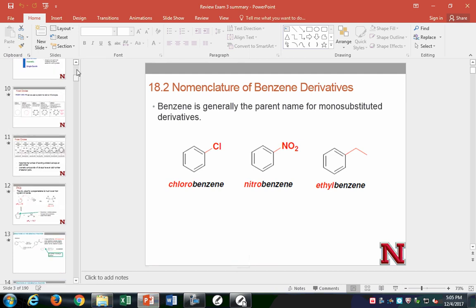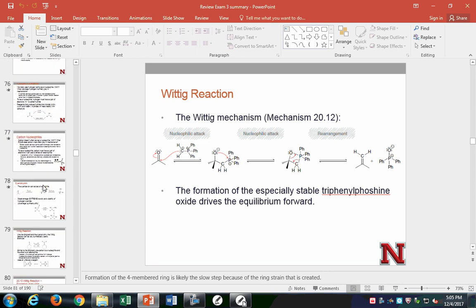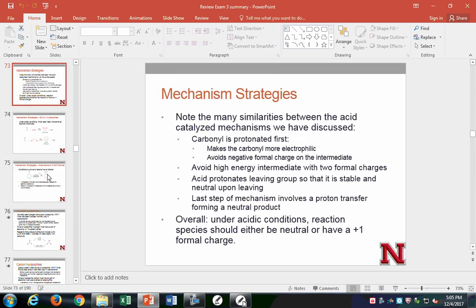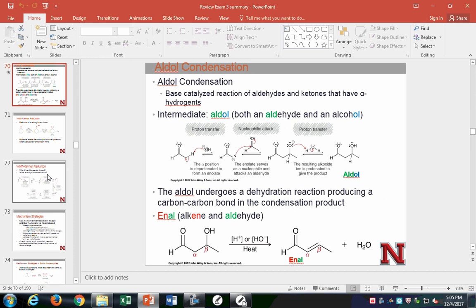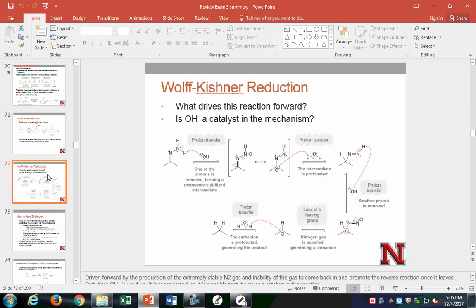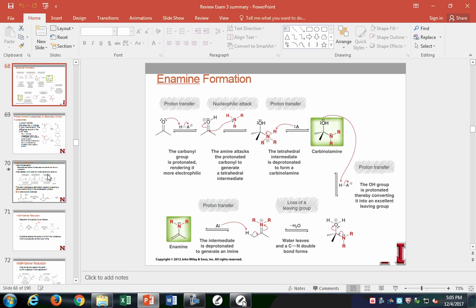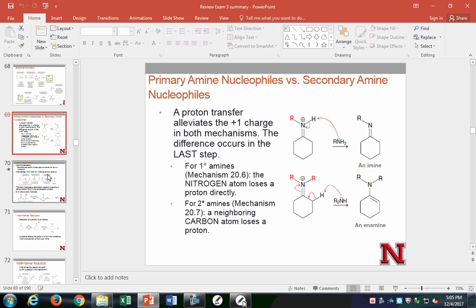And this one's really well explained with the mechanism. That's Wolff-Kishner. There we go. So the main thing is, when we get to this point in the mechanism, if we started with a primary amine, we still have hydrogen available, so we retain that carbon-nitrogen double bond.